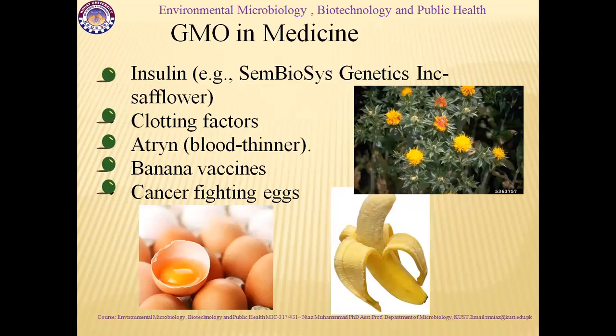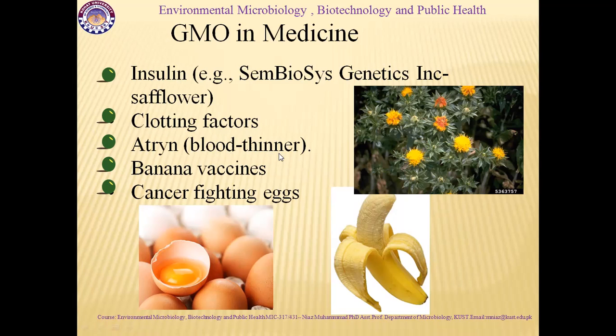GMO in medicine, such as genes of insulin, can be inserted in bacteria, can be inserted in plants. Clotting factors we can produce by bacterial cells. We can transfer a gene of clotting into bacterial cells or into other cells, by which we can produce clotting factors.